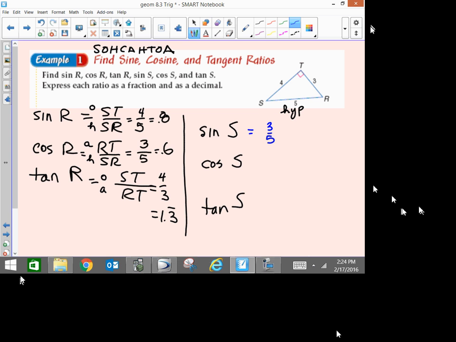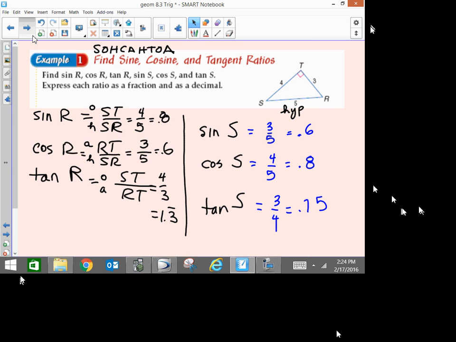The hypotenuse is the same, but the opposite. What about cosine of S? Okay. Adjacent over hypotenuse and tangent. All right. So what did we get? 0.6, 0.8, and 0.75. Nice. Anybody have any issues with that? Very good. All right.